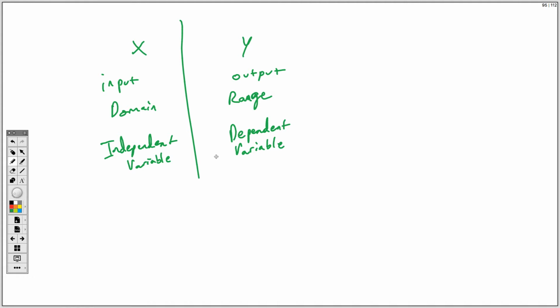Can you think of anything else? So I'm putting all the synonyms with it. Okay, find somewhere, copy this down. It's important that you know when you see one of these words that we're still talking about just x and y.